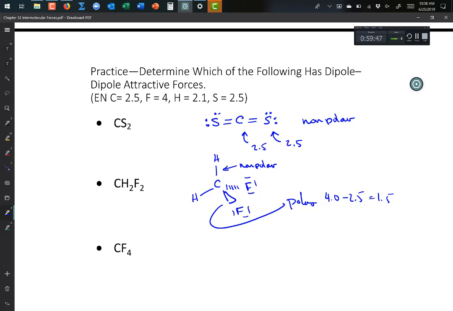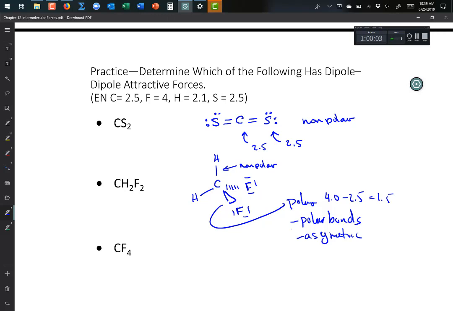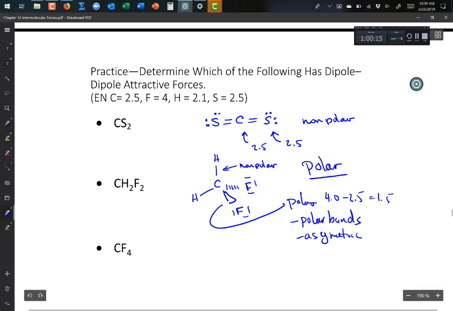So this molecule has polar bonds, and it's asymmetric. If you remember what I talked about the other day, if I had fluorines at every place and it was completely surrounded by fluorines, it would be nonpolar. But because this has polar bonds and is asymmetric, this molecule is polar, and it will have dipole-dipole interactions.